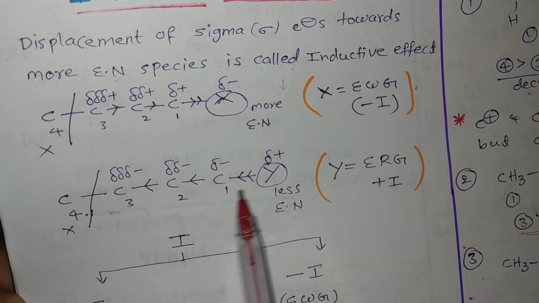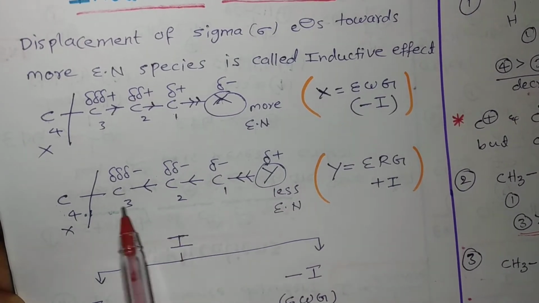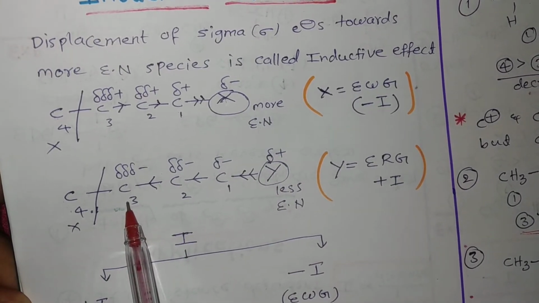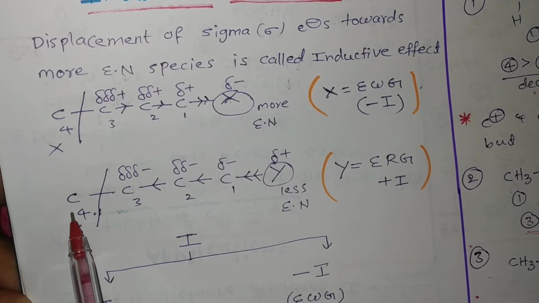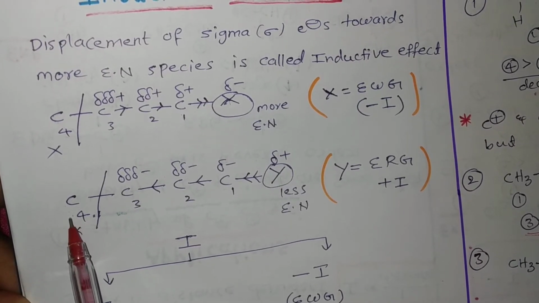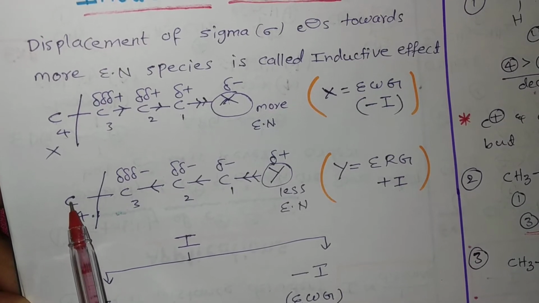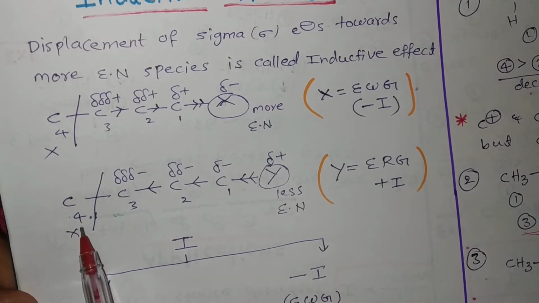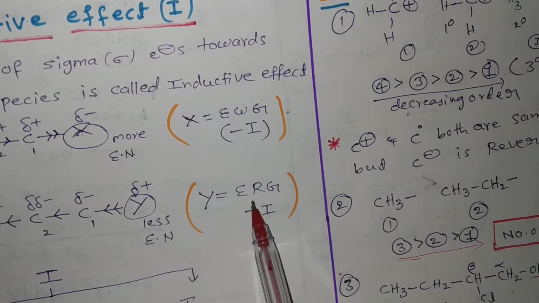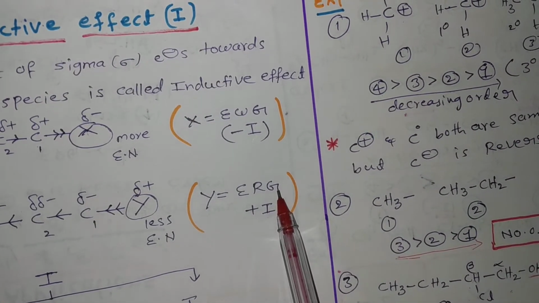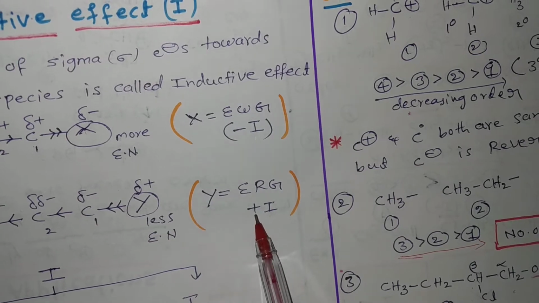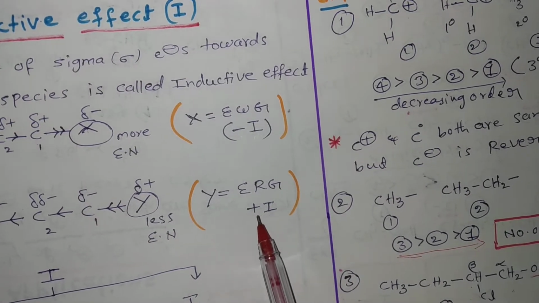This effect gradually decreases on the second and third carbon, and after the third carbon it is neglected, meaning it is not on the fourth carbon. So Y is an electron releasing group, and it is the positive inductive effect, represented by plus I.